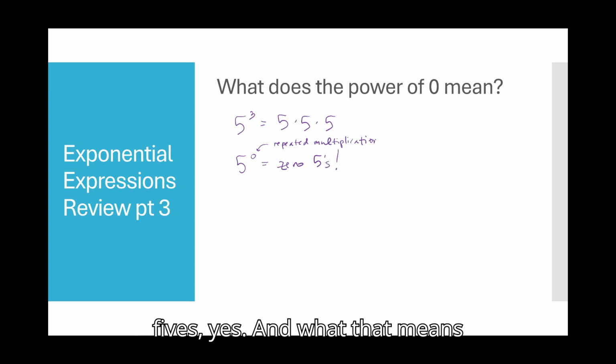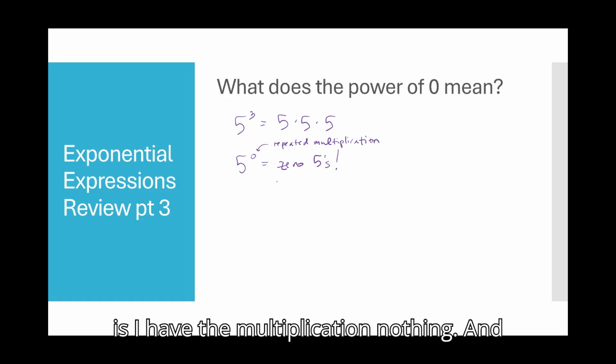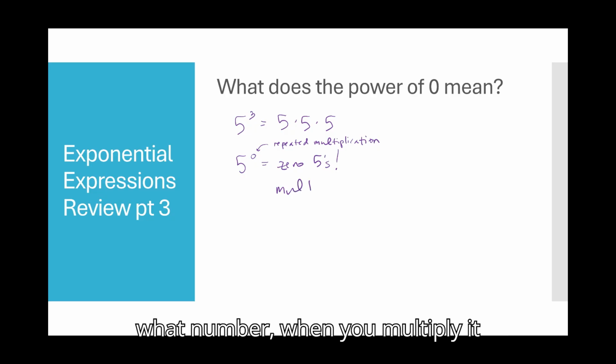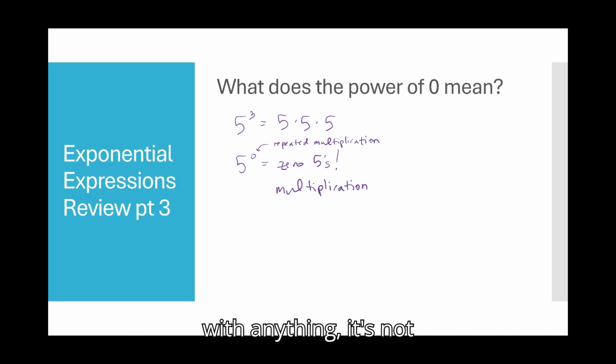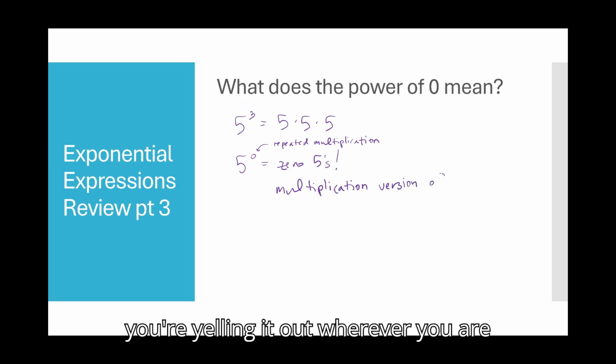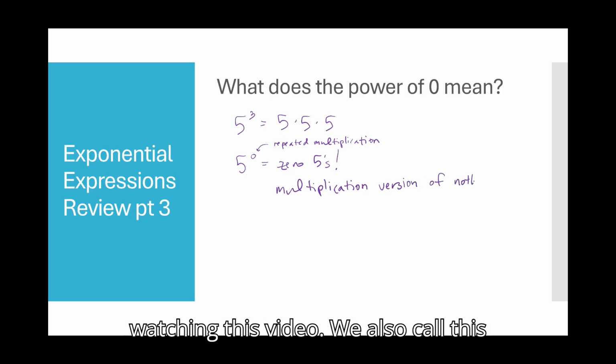So I have 0 5s, yes, and what that means is I have the multiplication nothing. And what number, when you multiply it with anything, is not going to change the value of that number? Hopefully you're yelling it out wherever you are watching this video.